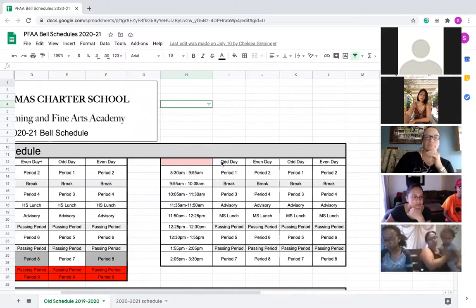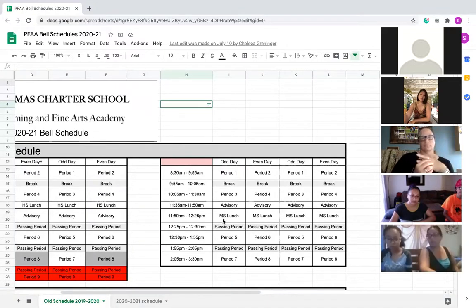On Mondays, our students go to their odd classes. They go to period 1, then they have a break, then they go to period 3, then they have advisory, and then it's their middle school lunch, passing period, period 5, passing period, and then period 7. This odd day is on Mondays and Thursdays.